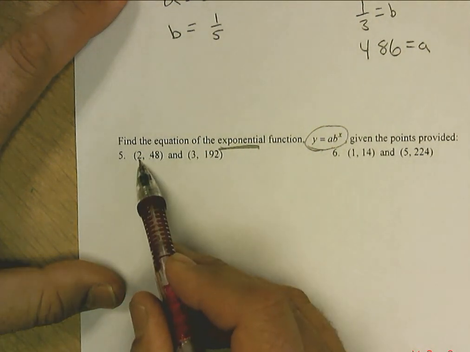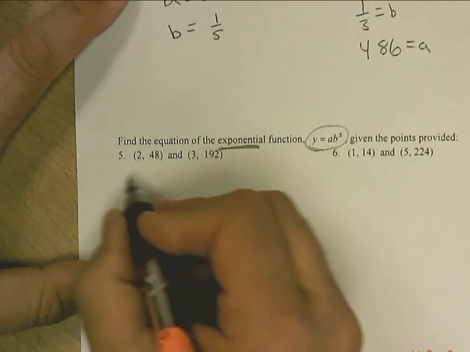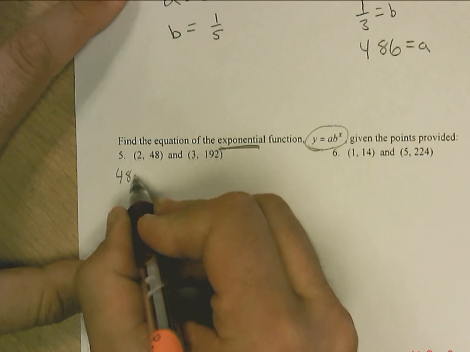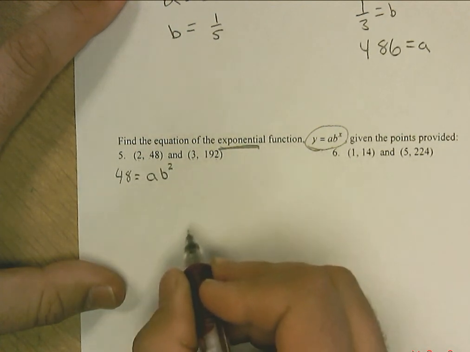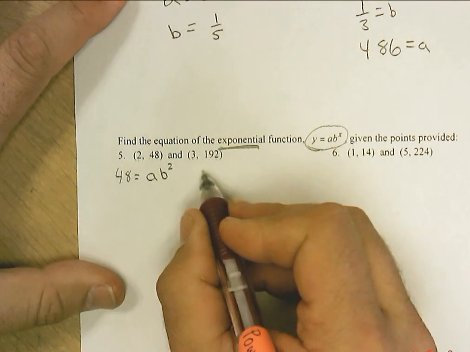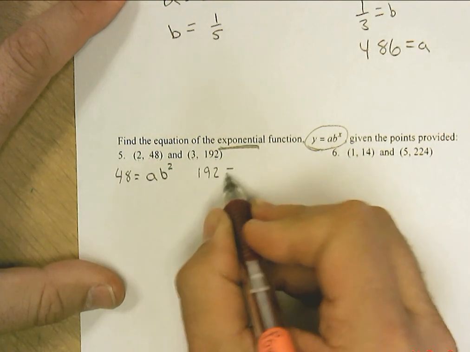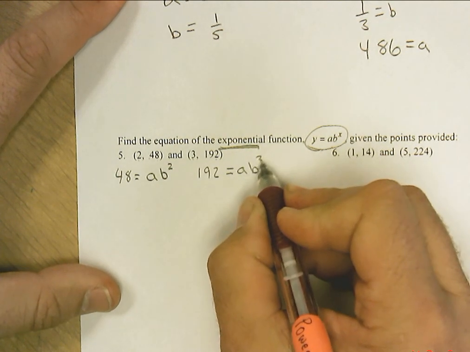I'm going to plug in an x and a y. So here's my y equals ab to the x. And then my other equation would be 192 equals ab to the third.